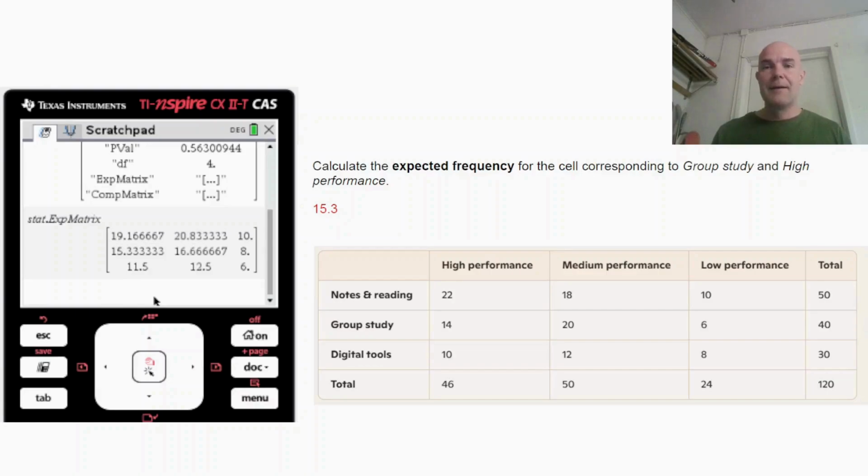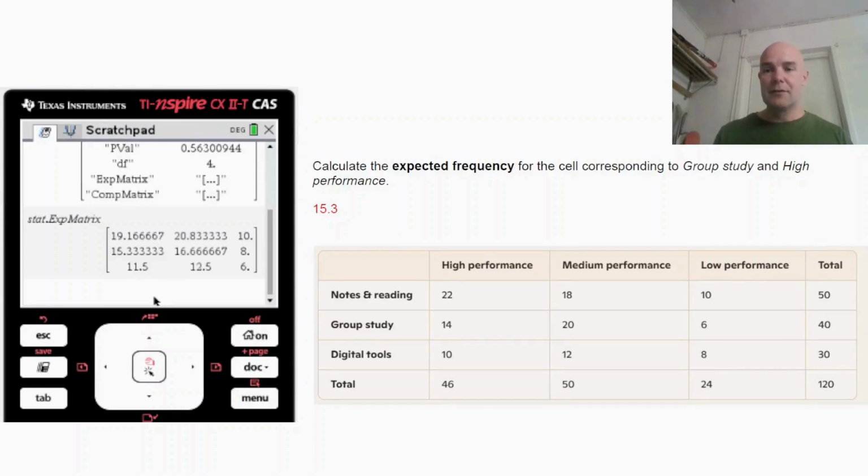So the idea to calculate the expected frequency for high performance and group study is that if we assume that those two are independent, we basically calculate the probability that, from a group of 120, we randomly choose a student who is high performance and group studying. And we do a multiplication probability calculation. So basically we calculate what's the probability that somebody is high performance and group study.